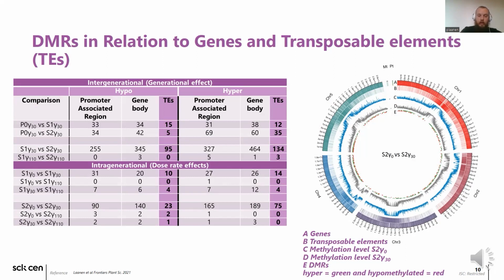Here we see that there's a slight bias for hypermethylation over hypomethylation, which has also been seen in other studies, especially in the transposable elements, which was hypothesized to have a genome protective activity.